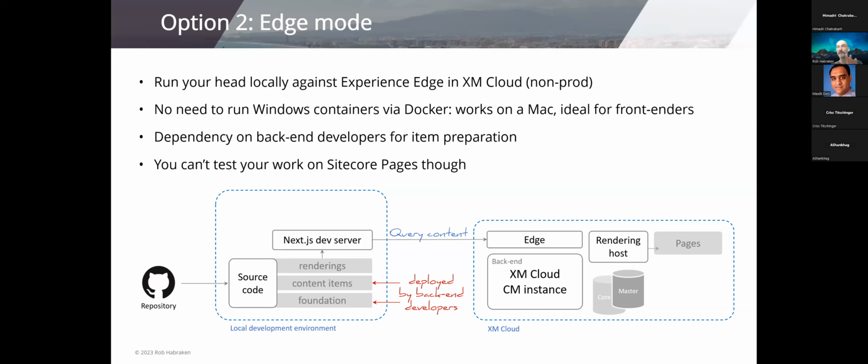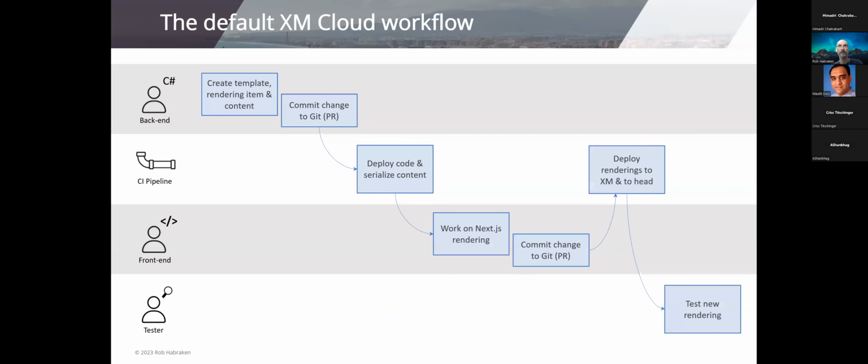But this is going to run very properly if you're running on a Mac, and it's also, I think, a proper part of the workflow. But as I said, this would be some kind of a chain where you create your template, your rendering item, and your content.